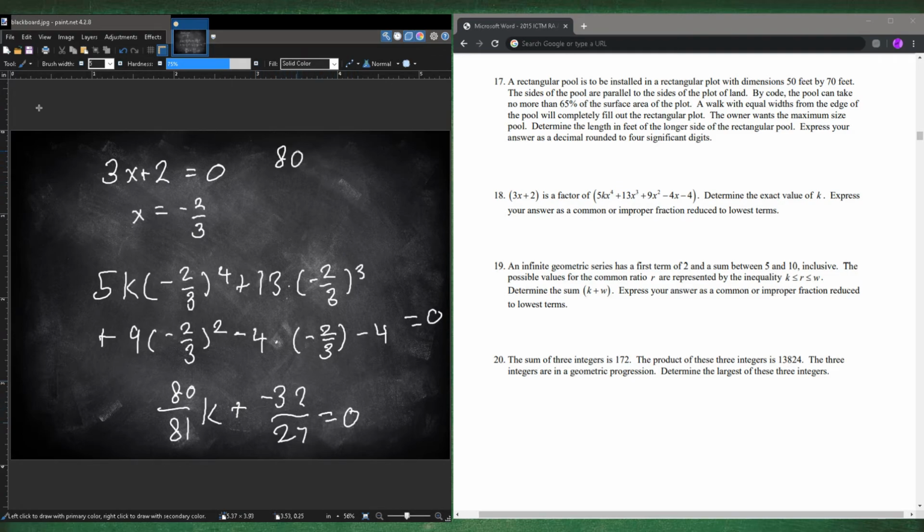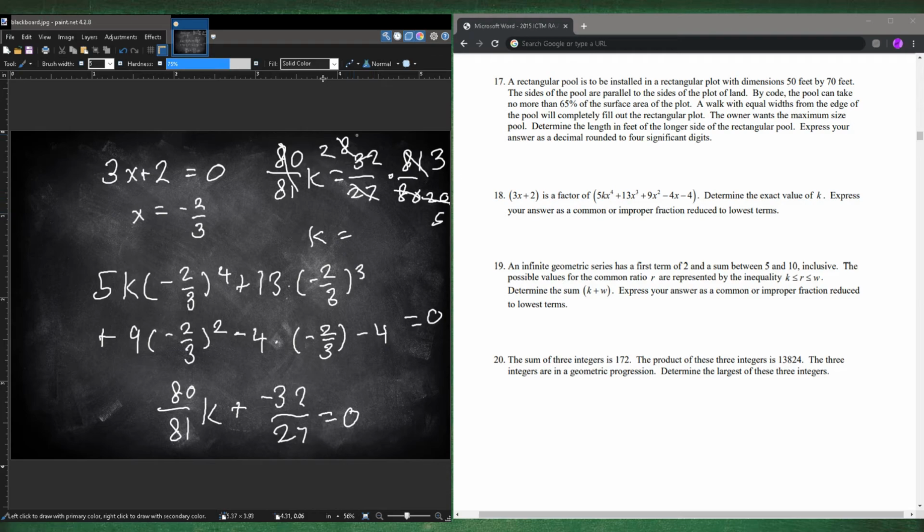So that means 80 over 81 k is equal to 32 over 27. So multiply by 81 over 80. That should cancel out this number. So k: this divided by this, that's a 3 on top, this 80 on the bottom, and this is 32. So divide by 4, that's a 20. Divide by 4, that's an 8. Divide by 4 again, that's a 2. Divide by 4, that's a 5.